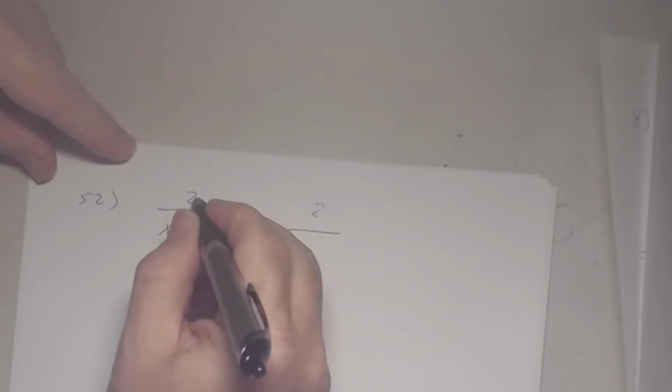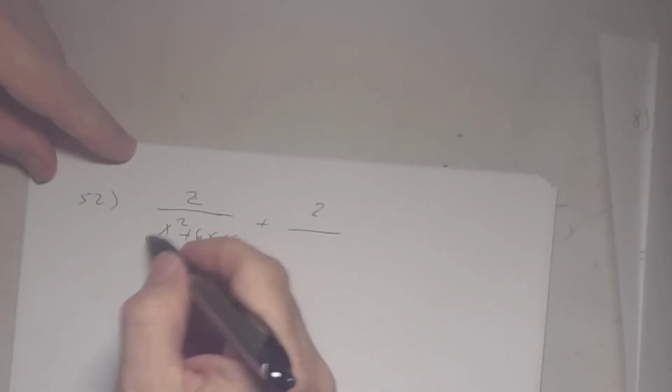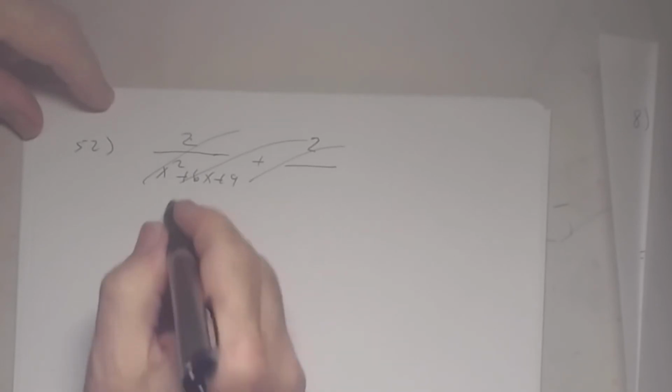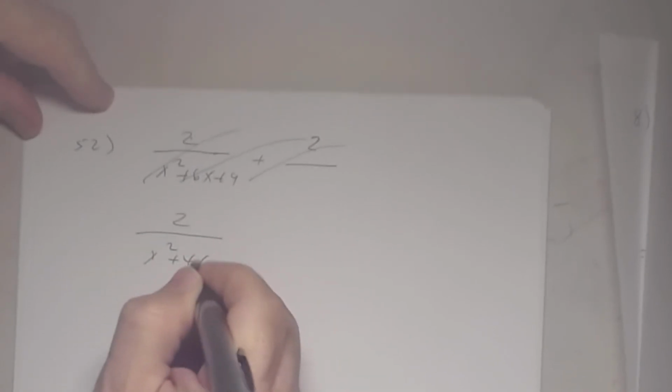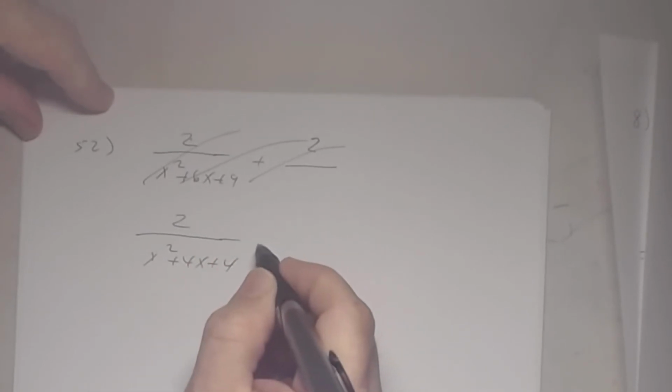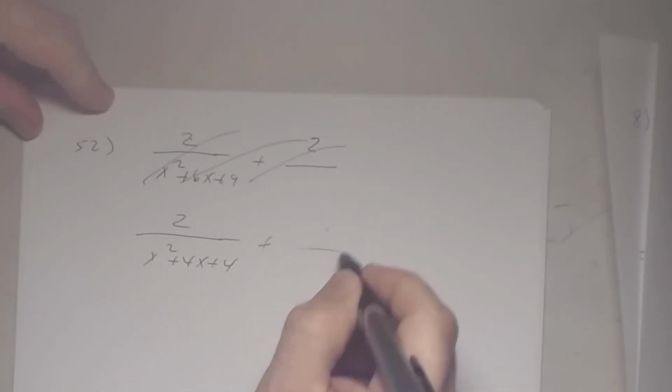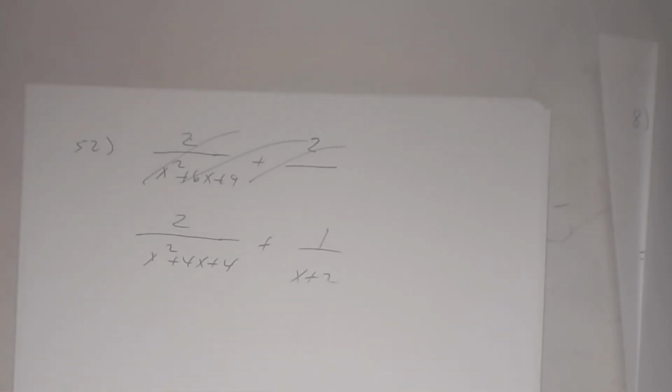I said 52, right? I'm sorry, this is all wrong. That's not 52. 52: 2 divided by x squared plus 4x plus 4, plus 1 divided by x plus 2. Okay. That's the first step.